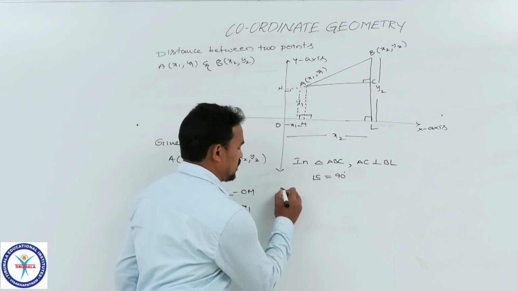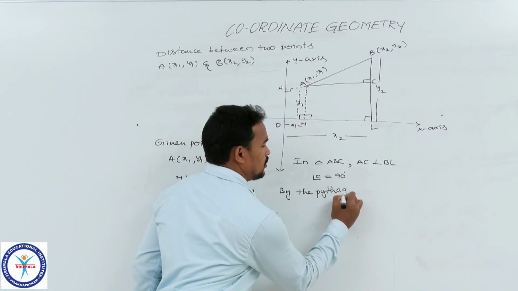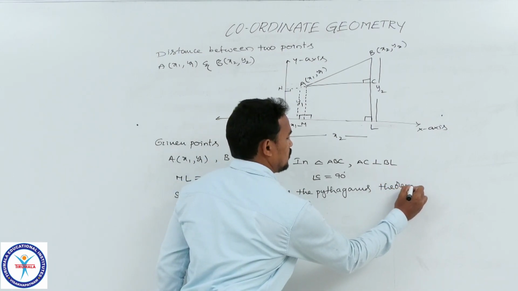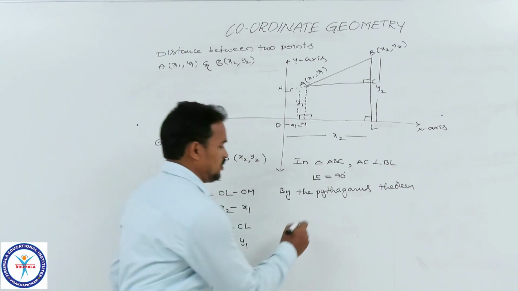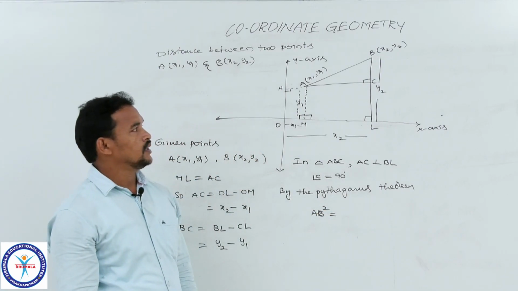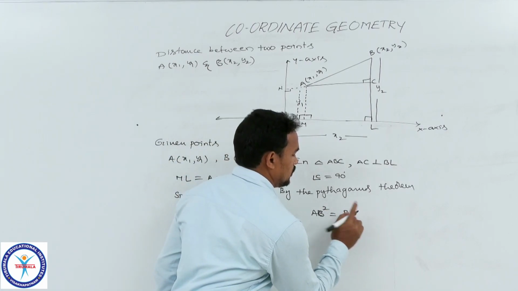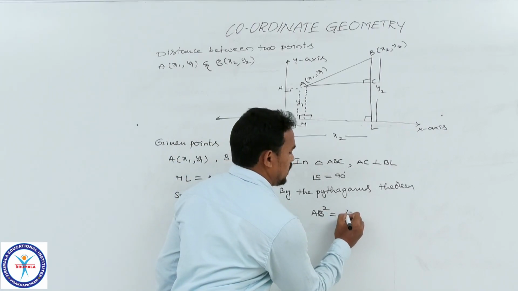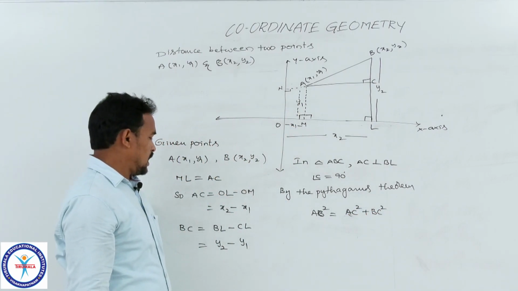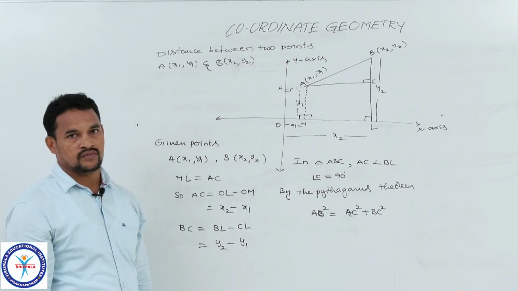Now by the Pythagoras theorem, AB square equals AC square plus BC square, side square plus side square. Here AC value x2 minus x1 and BC value y2 minus y1 are substituted.